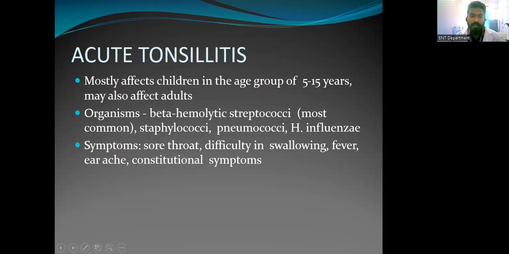Usually sore throat, difficulty in swallowing, sometimes difficulty in breathing, fever because there is an acute inflammation, earache, and other constitutional symptoms such as diarrhea and vomiting. Basically, it's the sore throat that the patient will come with as the complaint, and difficulty in swallowing, definitely.